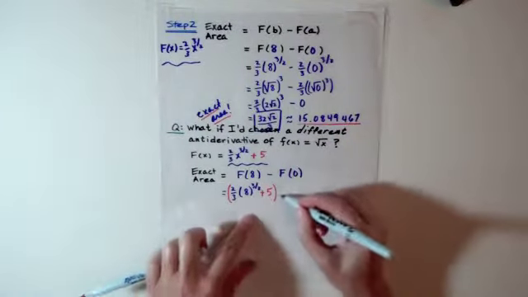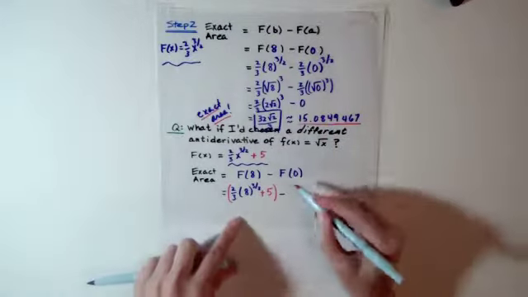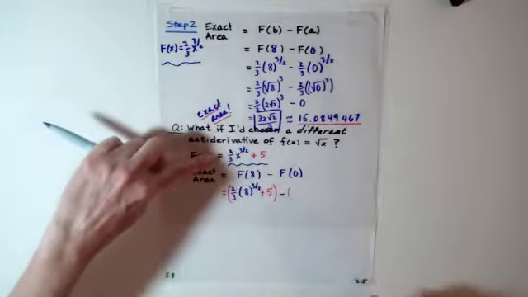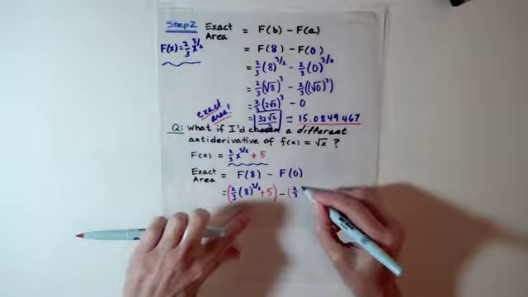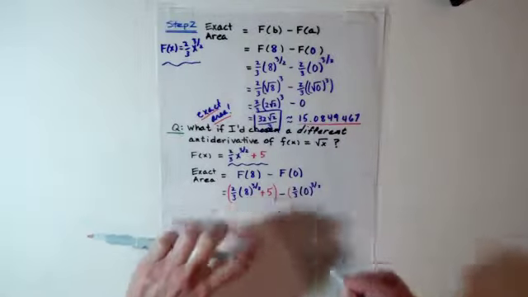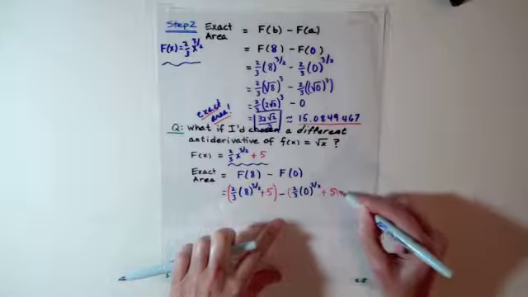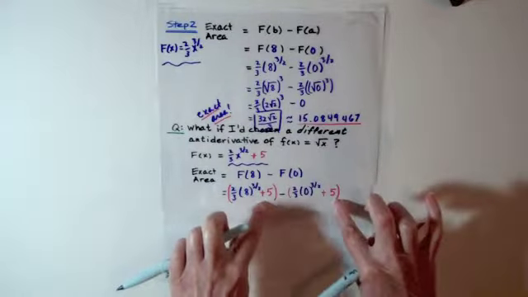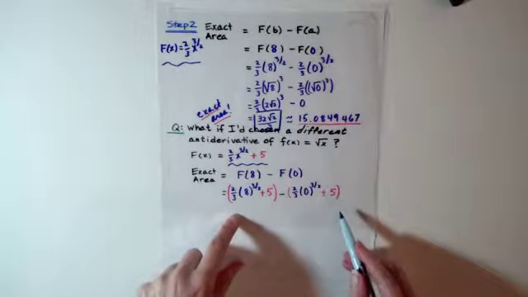And then I'm supposed to subtract capital F of 0. Well, what's capital F of 0? That's this function with x replaced with 0. So that would be 2/3 times 0 to the 3/2. And then I still have the plus 5. I'm just putting that in red so that we can focus on that c value that I chose. Well, can you see already what's going to happen when I simplify this expression?